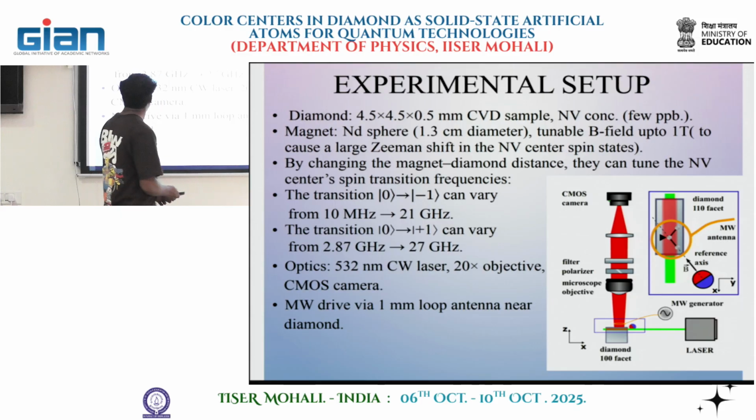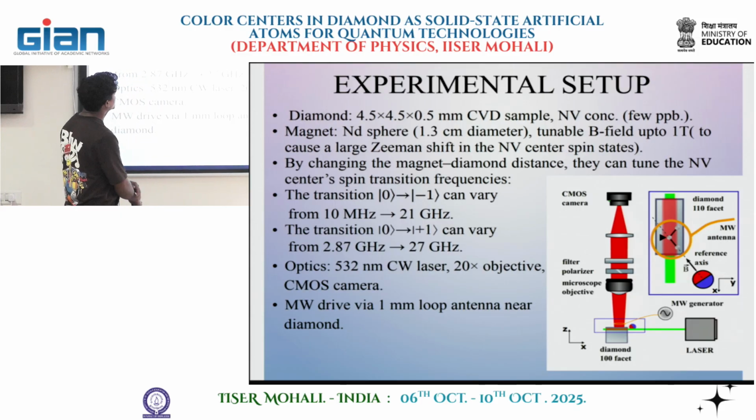By changing the magnet-diamond distance, they can tune the NV center spin transition frequencies. The transition from 0 to -1 state covers frequencies from 10 megahertz to 21 megahertz, and from 0 to +1 we assign 2.87 gigahertz to 27.